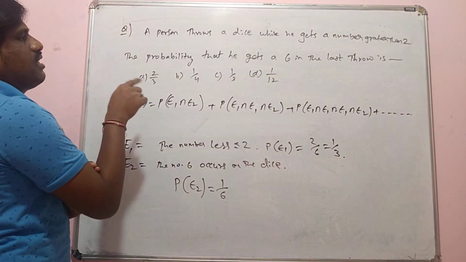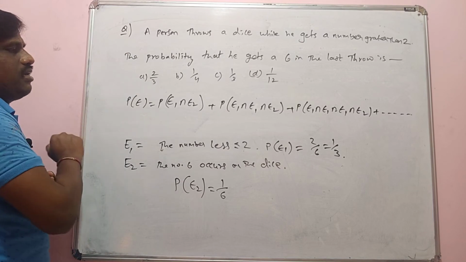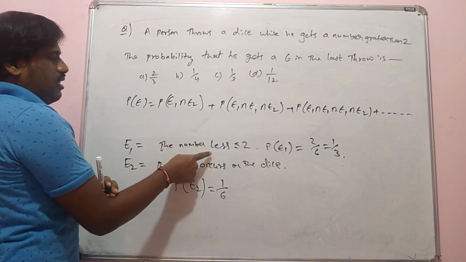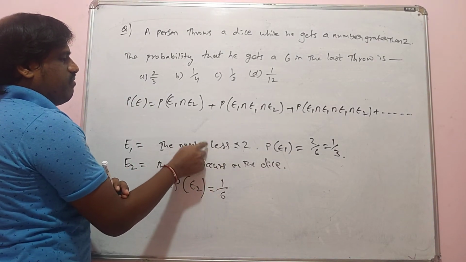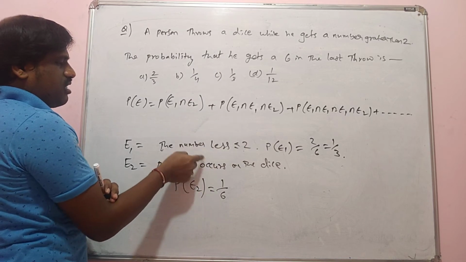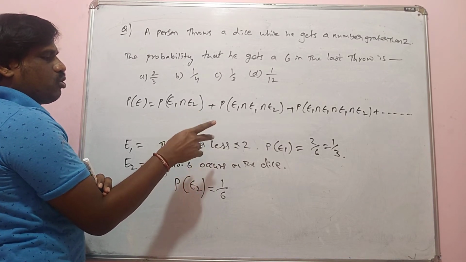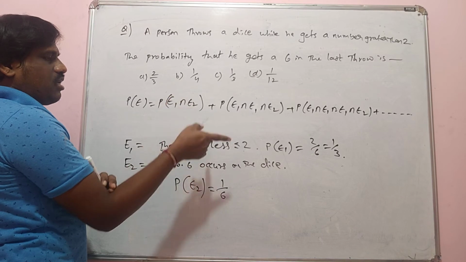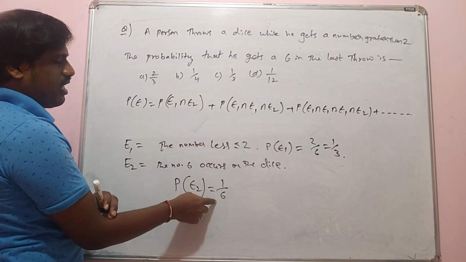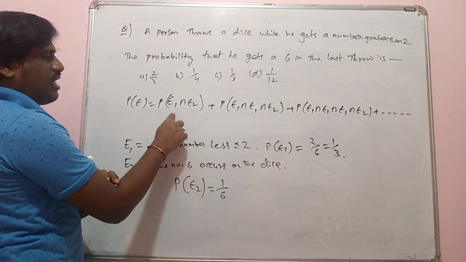Now the probability that he gets a 6 at the end: E1 intersection E2, because he throws in 2 throws, he will throw 1 or 2 in the first throws, and then E2, that is 6, should occur.